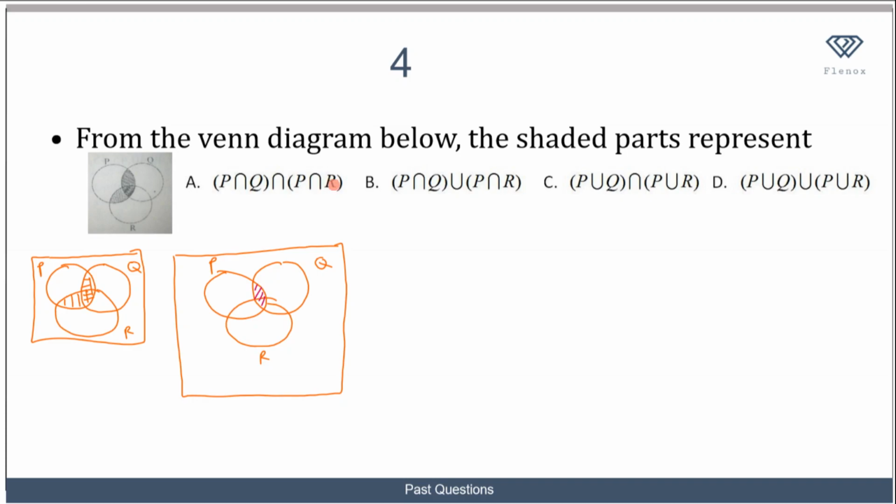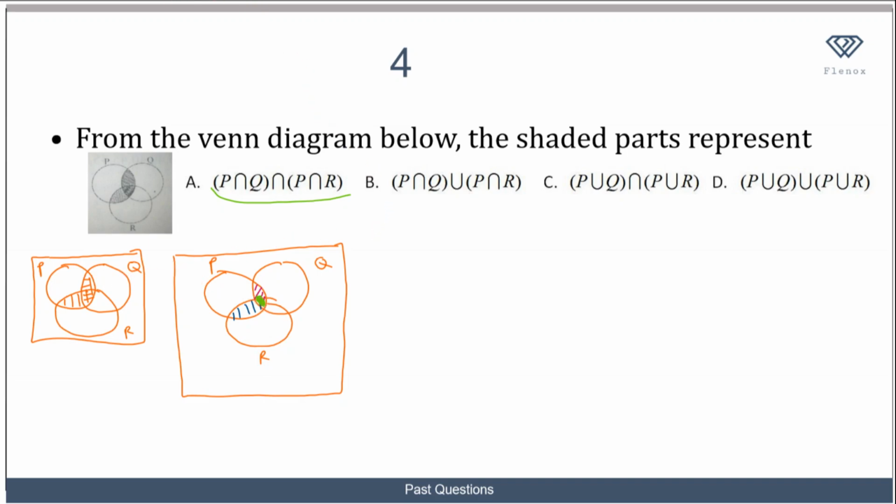And we know that P intersect R is this space here. But the question now says P intersect Q and P intersect R, meaning what do they share in common? What they share in common is this tiny space in between. So this option represents just this tiny portion that is shaded green, which is not this.